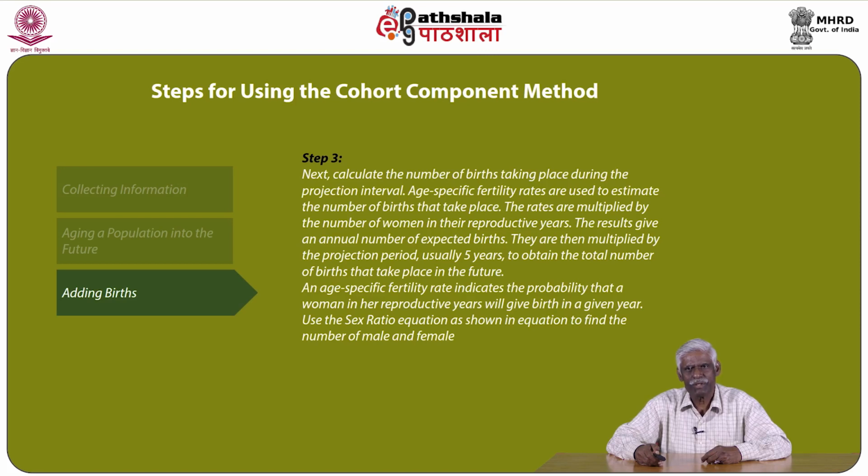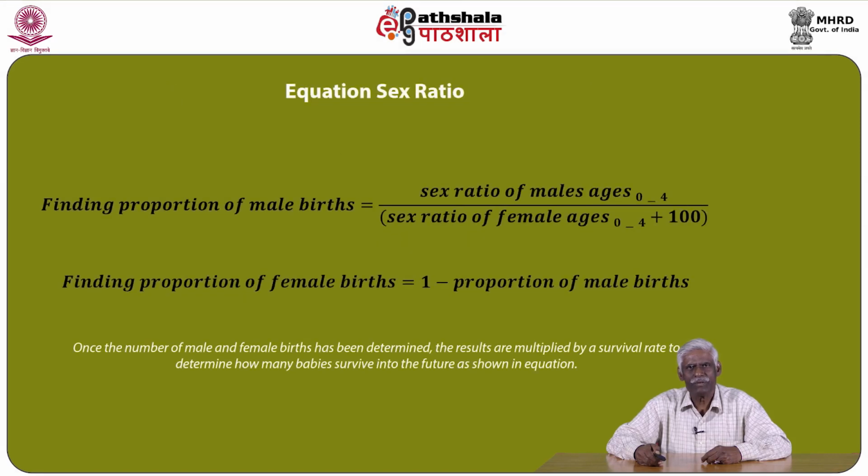Use the sex ratio equation, as shown in equation 8.2, to find the number of male and female births. Equation: the proportion of male births is equal to the sex ratio of ages 0 to 4 divided by the sex ratio of ages 0 to 4 plus 100. The proportion of female births is equal to 1 minus the proportion of male births.